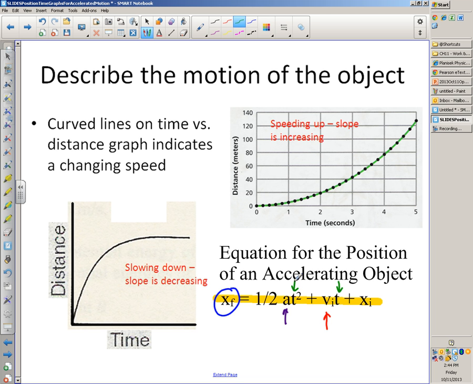So not only does it tell us where something is in relation to how fast it's going, now it also starts relating that acceleration concept, or how much it is changing how fast it's going, because that plays an important part in how far it is.